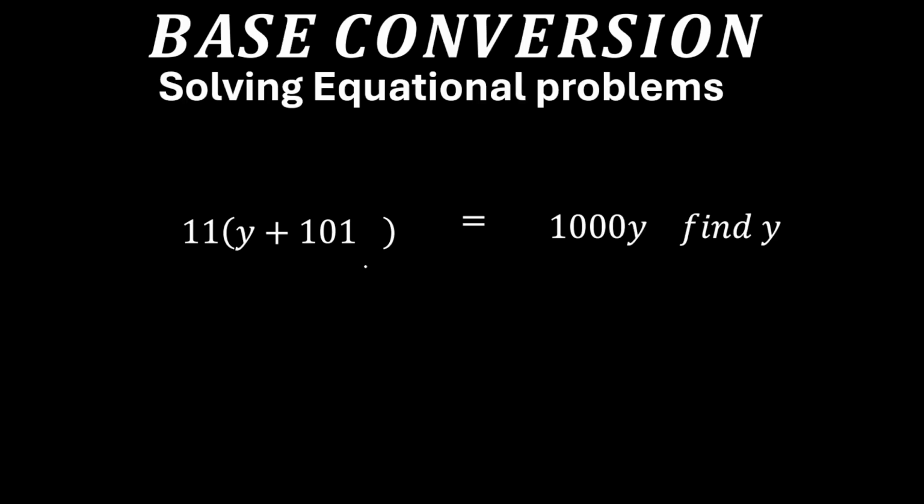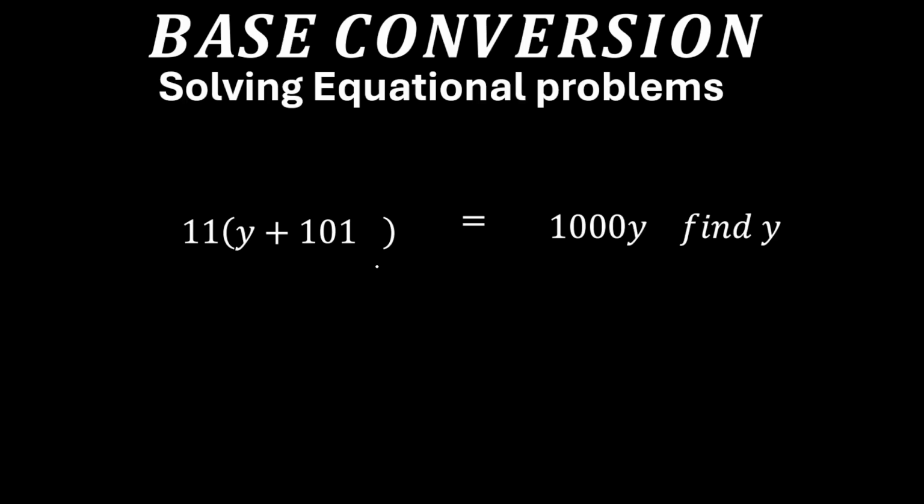They don't put a base. Does that resonate with you? There is no base at all. But you know that the highest digit is 1, which means that automatically this operation is to be performed in base 2.